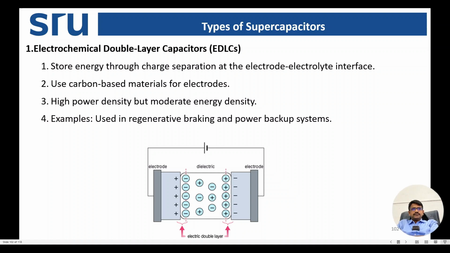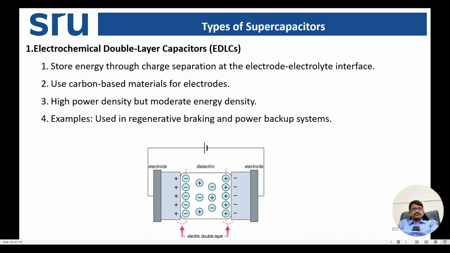This is the electric double layer where the charge is stored. Mostly we use carbon based materials for electrodes, and as it is a supercapacitor, it provides high power density but moderate energy density.